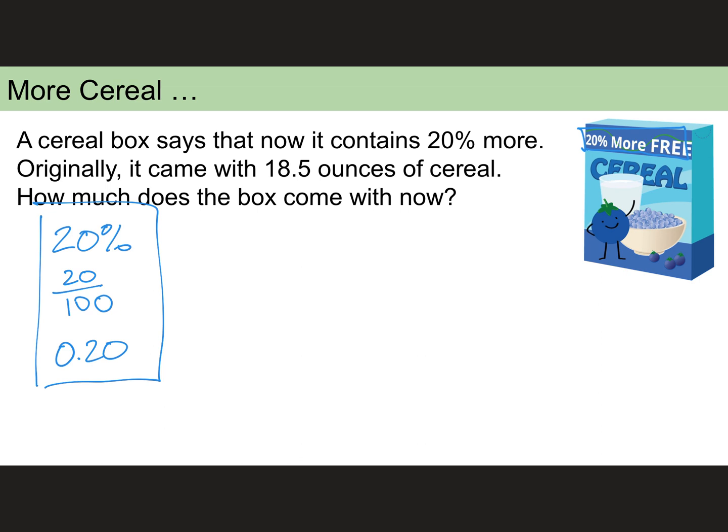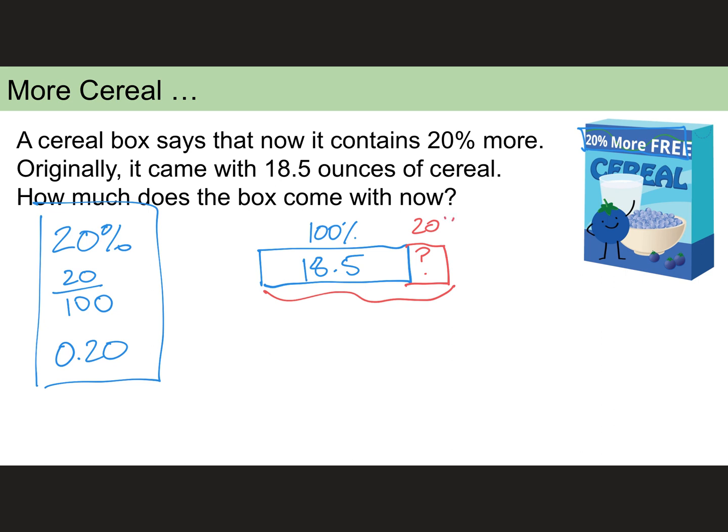So what I'm going to do is, I know that there's a 100% and a 20% increase. So the original box had 18.5 ounces of cereal, which is my 100%. And now we have a little bit more. We have a 20% increase. And we want to find out what this is and what the whole amount is.